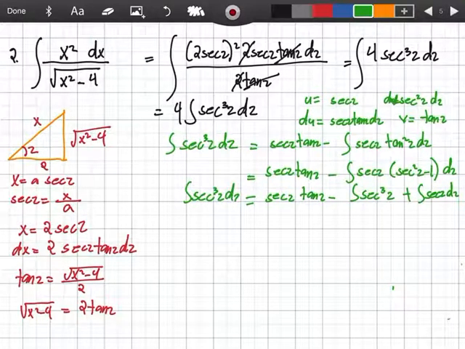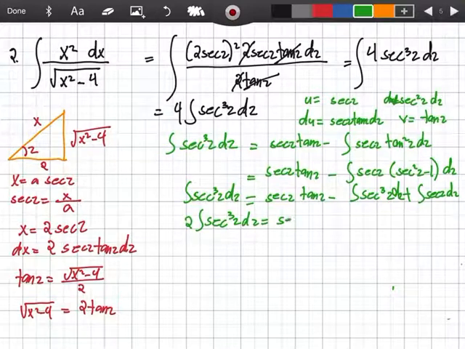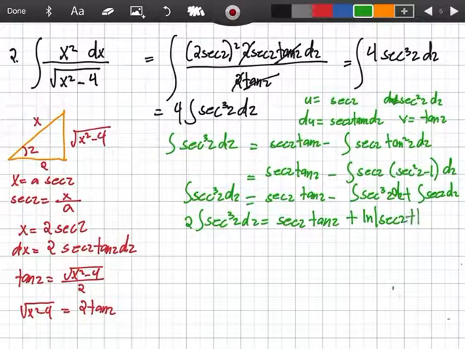So, mapapansin, parehas ito. Ito natin i-transform. Secant cube z dz is equal to sec z tan z plus the integral of secant z dz, which is ln secant z plus tan z plus c.